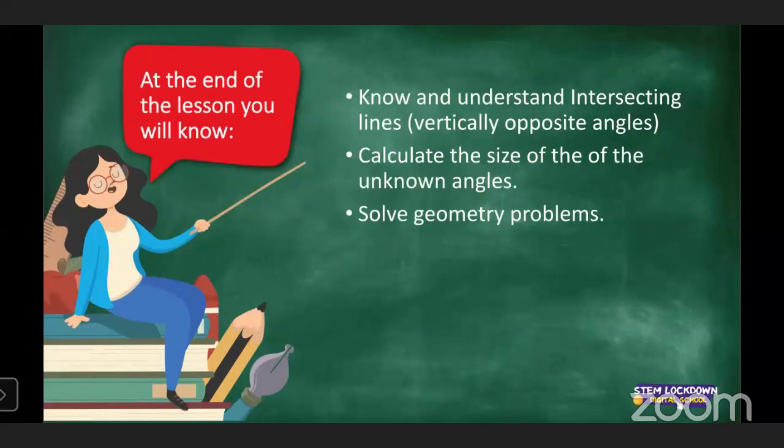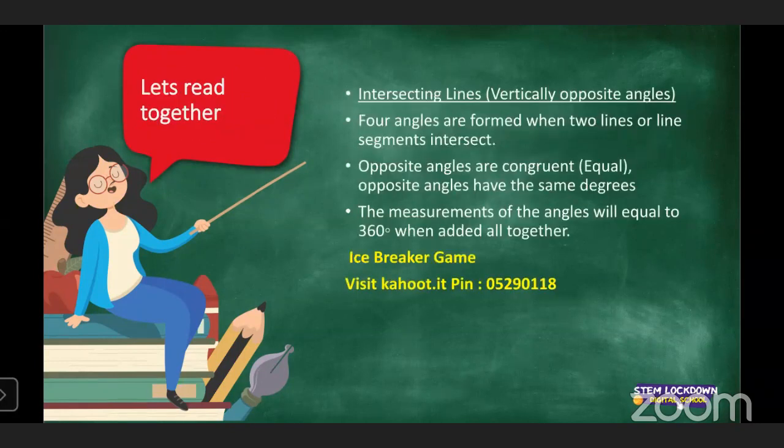Objective number 2, calculate the size of the unknown angles. Objective number 3, solve geometric problems. So let's start here, guys. What are our intersecting lines? Our vertically opposite angles.